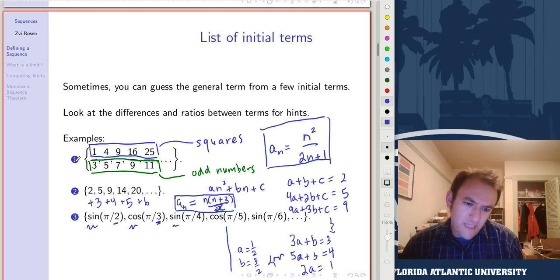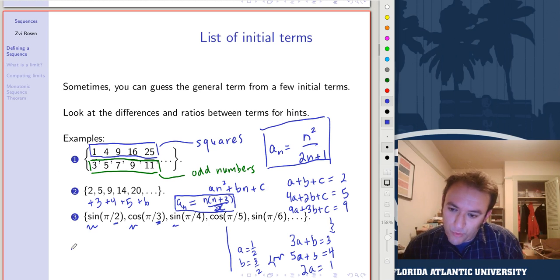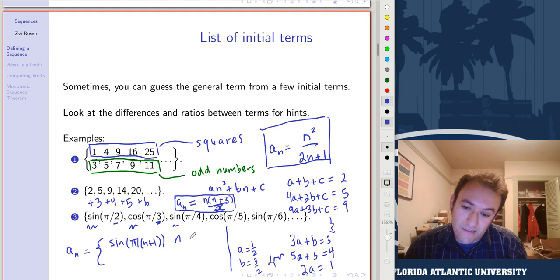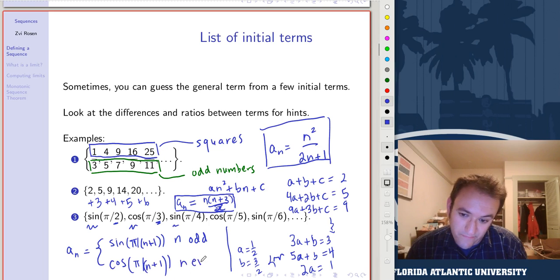So we can give a piecewise definition of this function. We'll write a sub n equals sine pi over n plus 1 when n is odd, and cosine pi over n plus 1 when n is even.